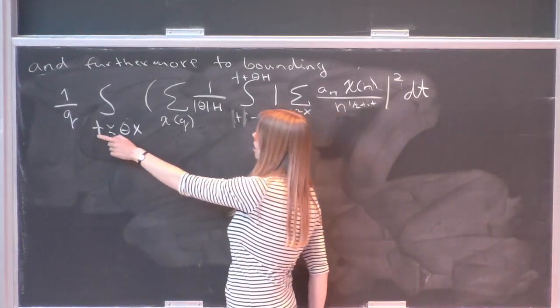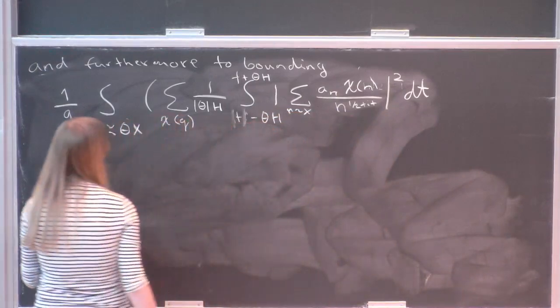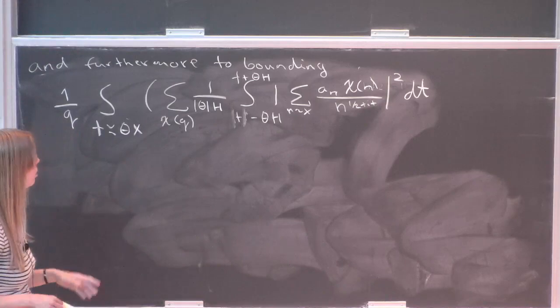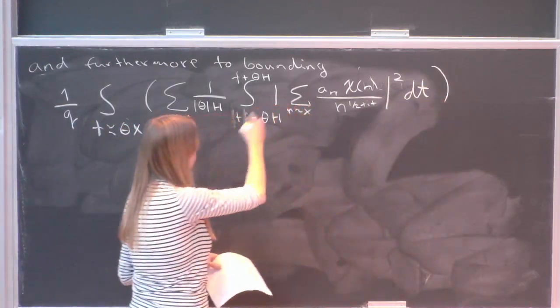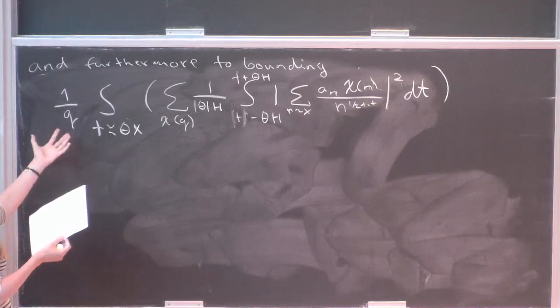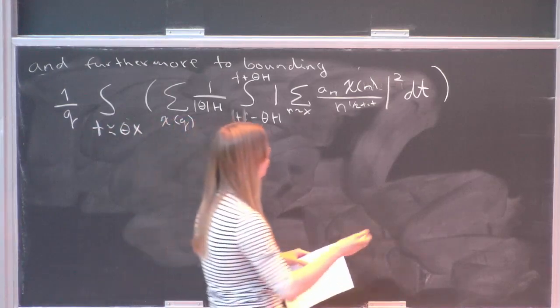And we have the range t is around theta x, which corresponds to the saddle point that we get from having this e(alpha n) there. But anyway, after some work, we end up bounding something like this. And this is really our main task. Now here we want to show that this guy here is small compared to x.